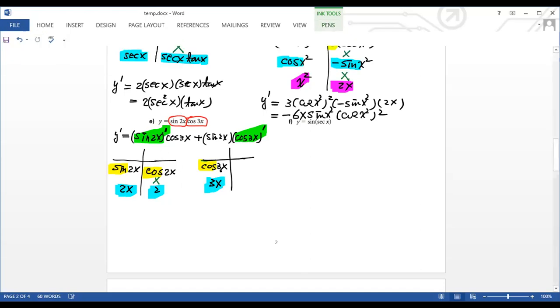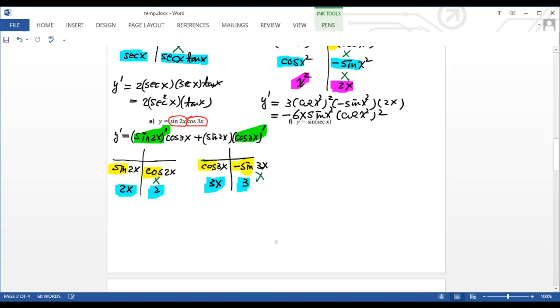You take the derivative of cosine, and you get negative sine. Whatever is inside you put here. So what is the derivative of 3x? It's a 3, right? So that's the second layer derivative. Then do the same: multiply them.